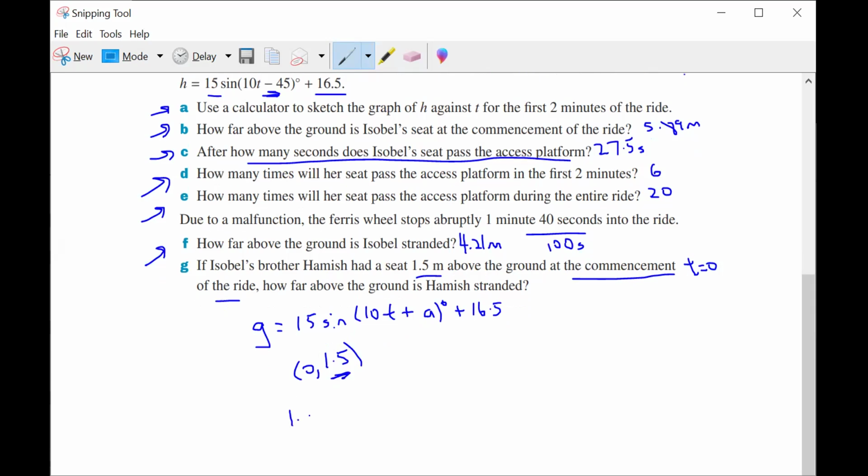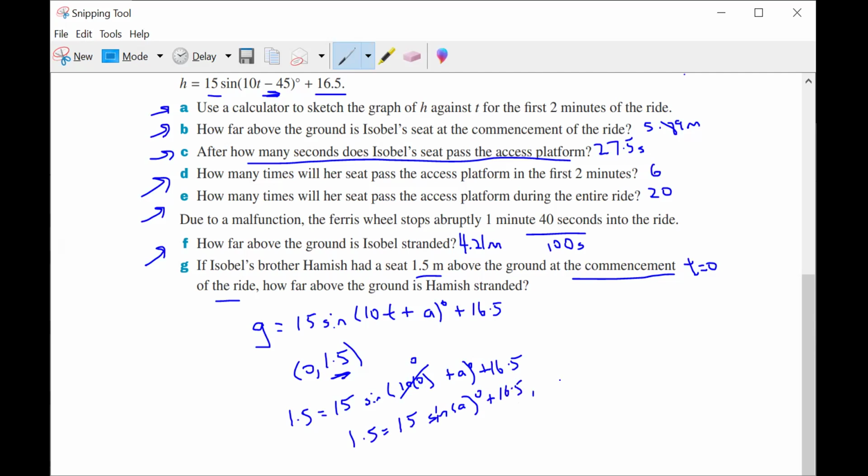So that means 1.5 equals 15 sine of 10 times 0, which is just 0, plus A degrees plus 16.5. So we just need to put this into our calculator to solve for this equation: 1.5 equals 15 sine of A, in degrees, plus 16.5.